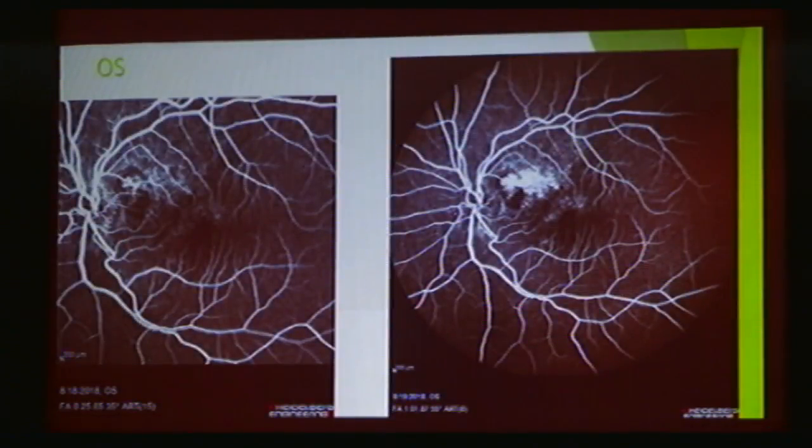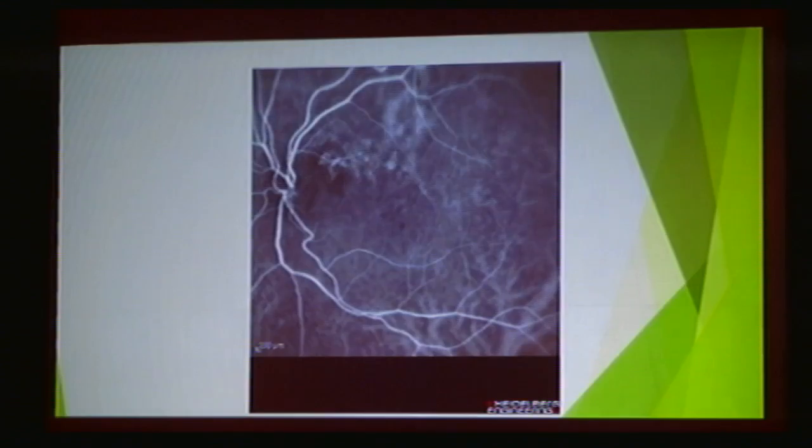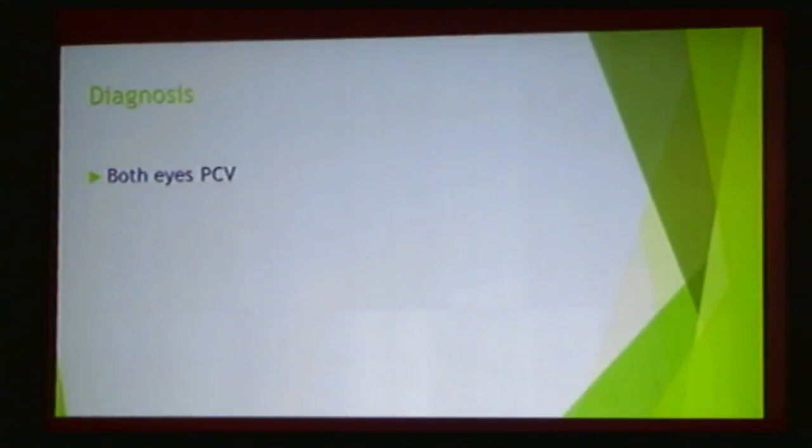The left eye FA shows some mottled hyperfluorescence with the leakage in the late phases. And the ICG also shows the branching vascular networks and the polyps in the early phases, which show washout in the late phases. So we diagnosed the patient as having both eyes peripapillary PCV.